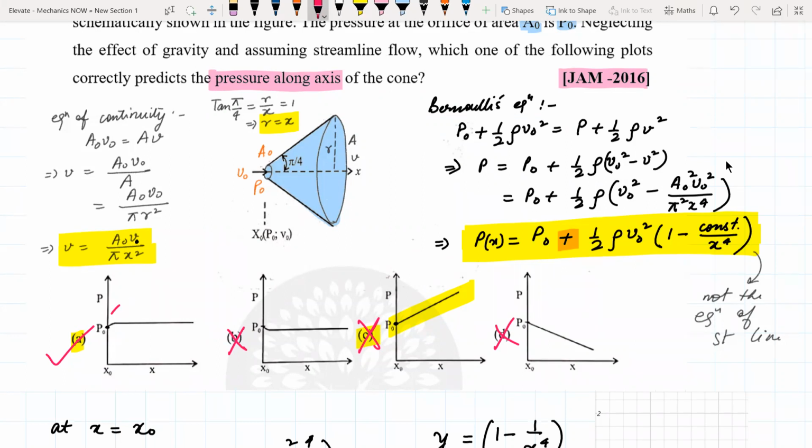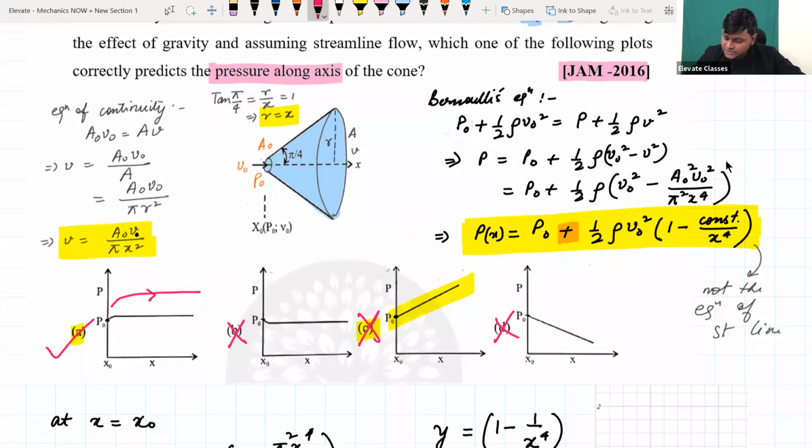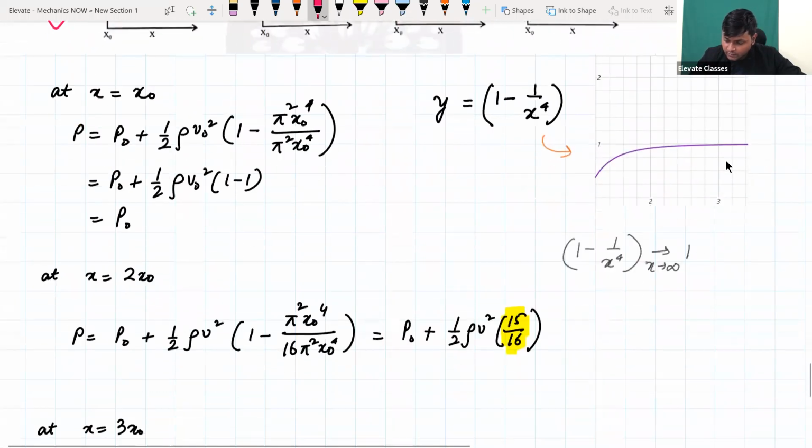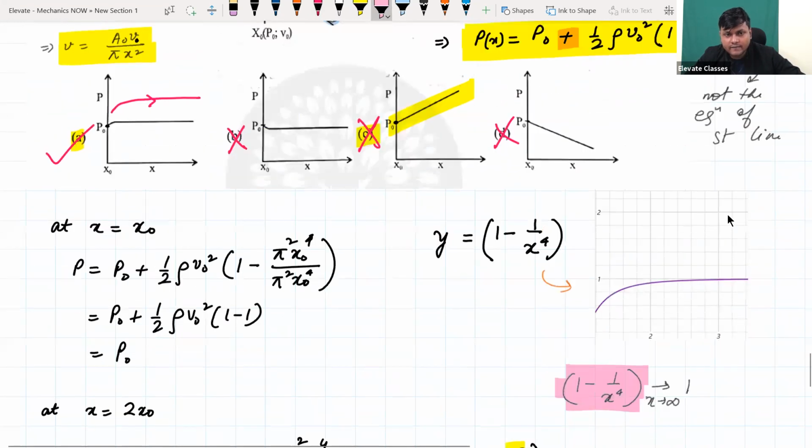You see this? Graph is like this. You see this? There is an increase initially and then it becomes saturated. The saturation happens because of this particular term. Are you understanding? It's like terminal velocity, you know.